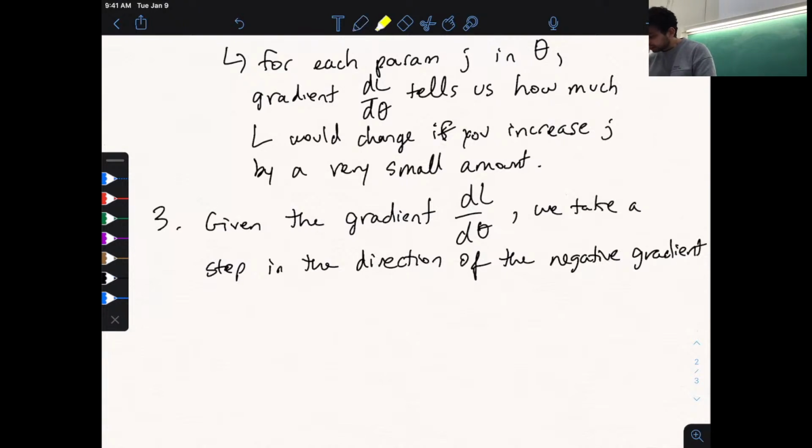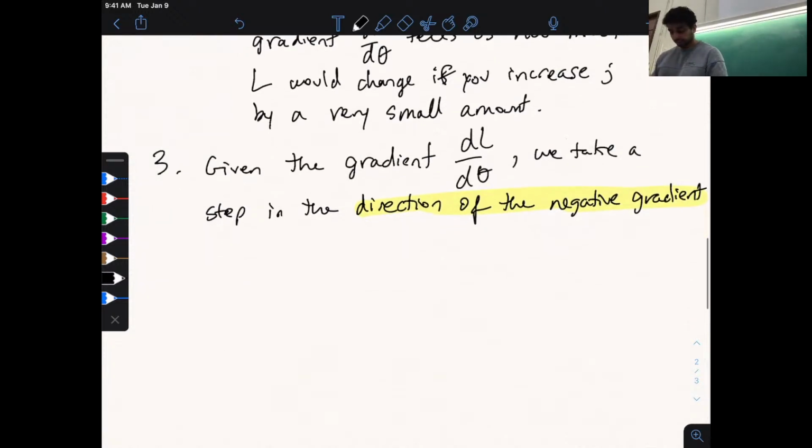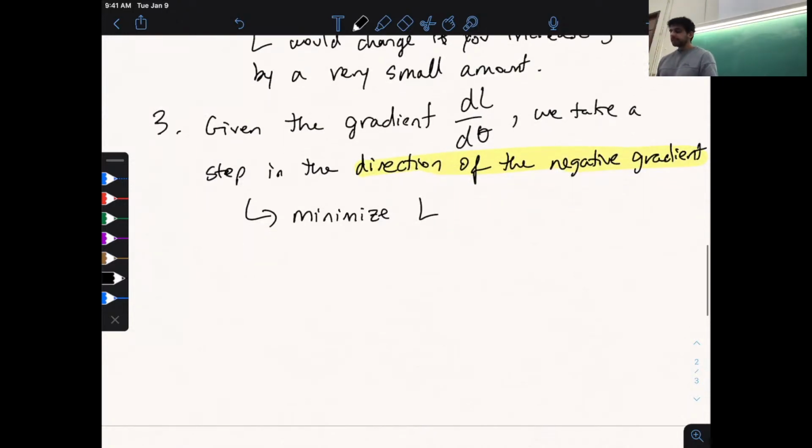And this is because we want to minimize our loss function, not maximize it, right? We don't want to make an even worse model than the random one that we start out with. So the goal is to minimize L.